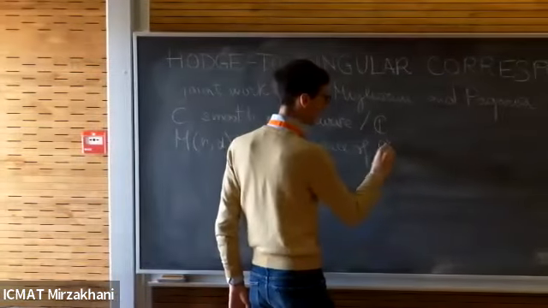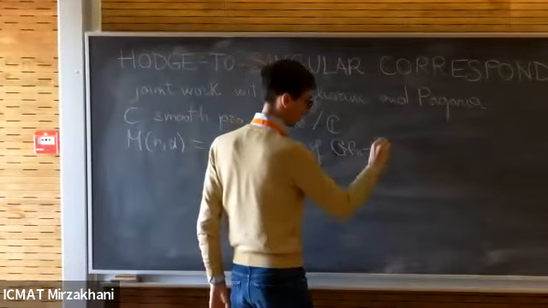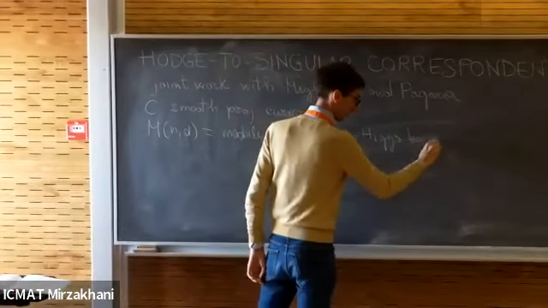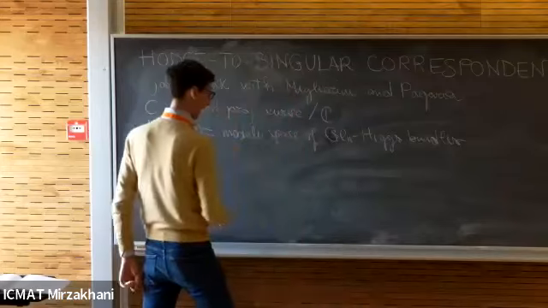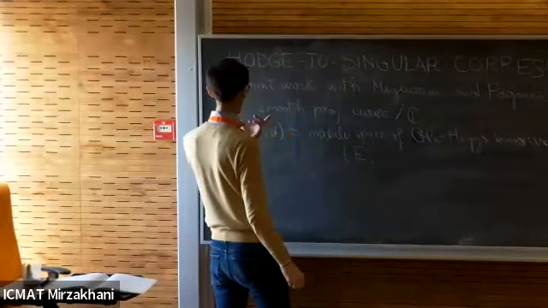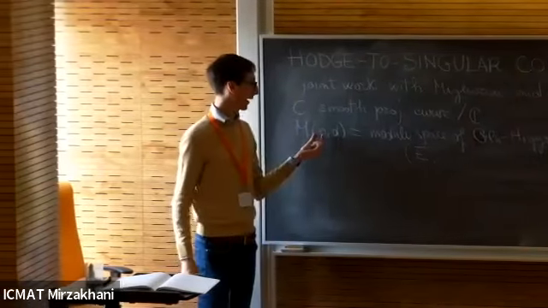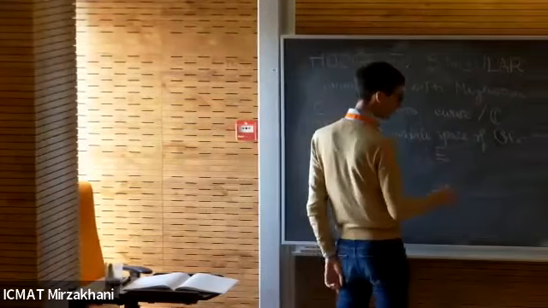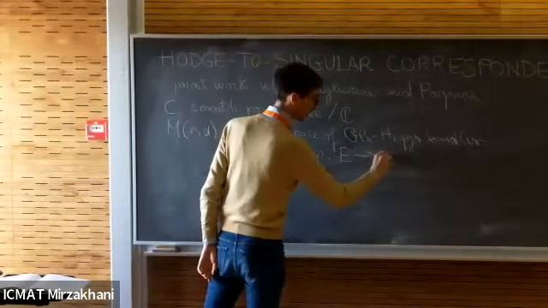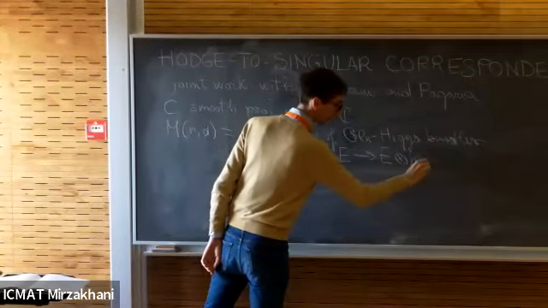And I will take GL_n Higgs bundles. I will use the same notation, denoting E a vector bundle of rank n and degree d on the curve C, and phi the Higgs field from E to E tensor the canonical class.